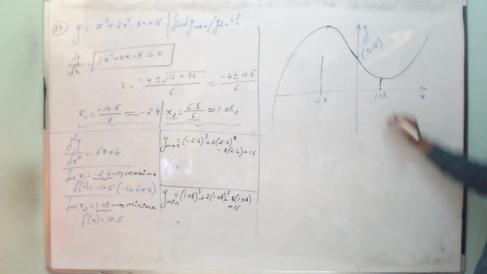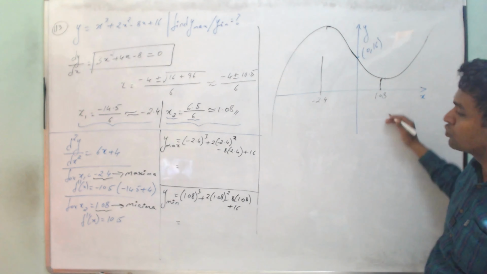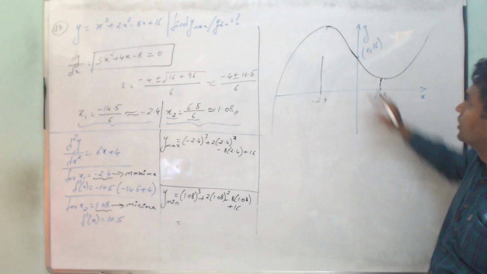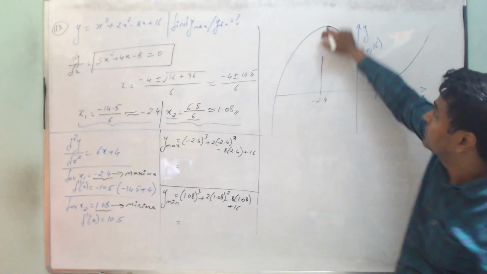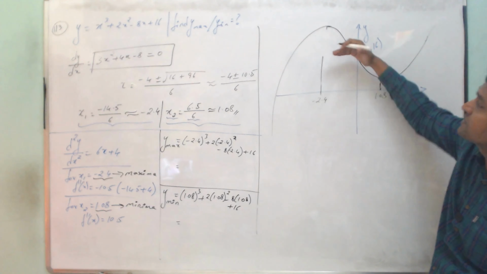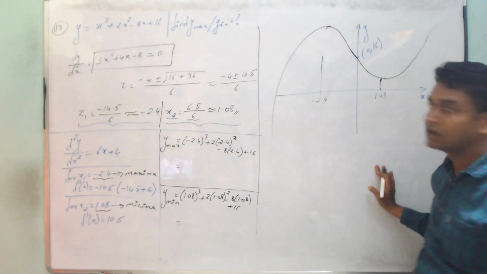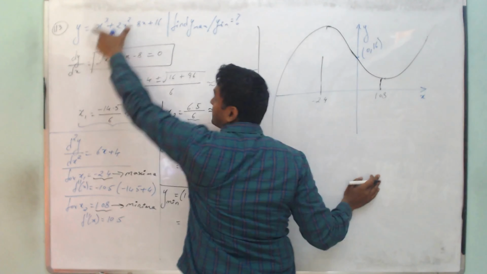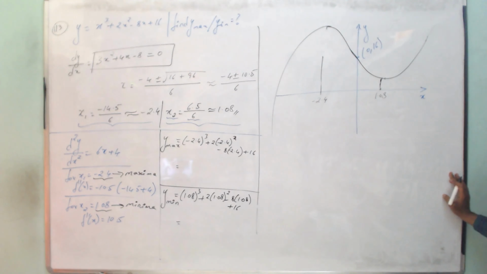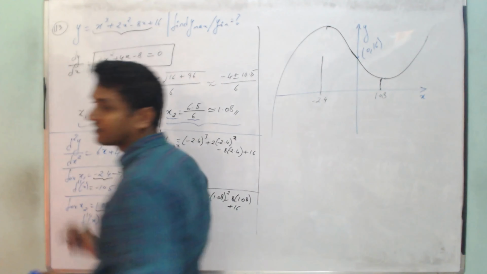Maybe this minima comes lower. Maybe my y min will come out to be negative. Maybe this y max will come out to be more positive. Definitely, y max is not less than 16, because it is 16 plus something. My maxima has to be greater than 16. This entire thing is something plus 16.